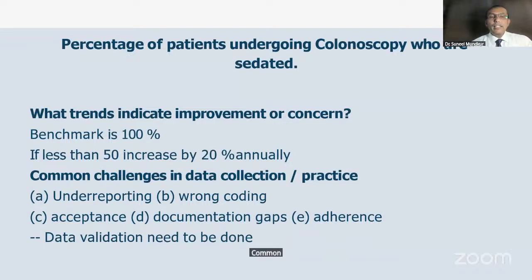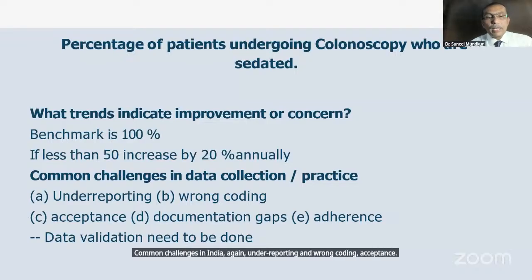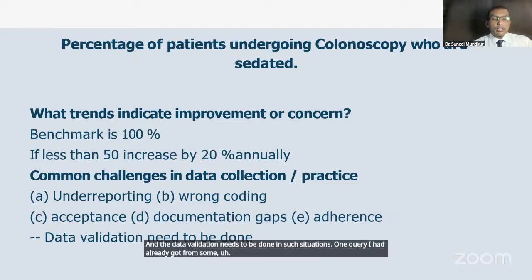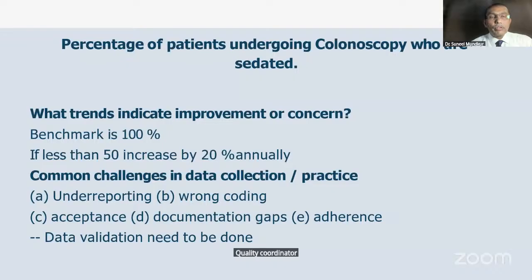Common challenges in India, again, are underreporting and wrong coding, acceptance, documentation gaps, and adherence, and data validation needs to be done in such situations. One query I had already got from some quality coordinator was that the compliance rate is almost 0 to 10% in our hospital.